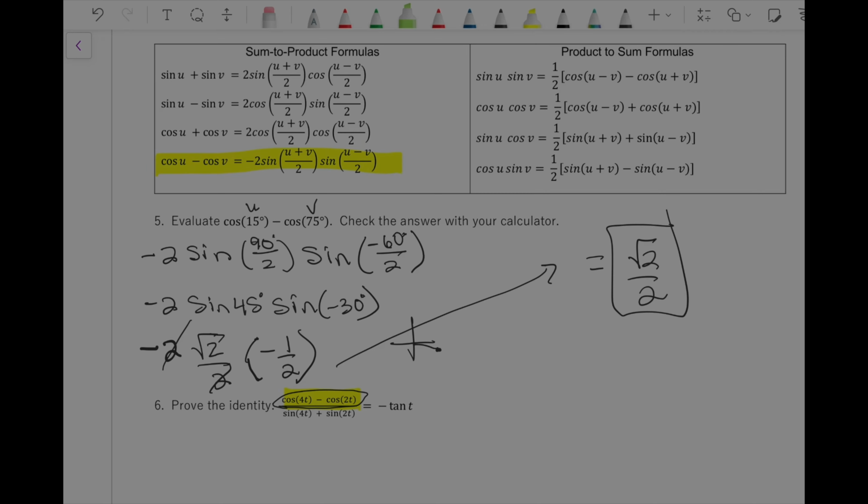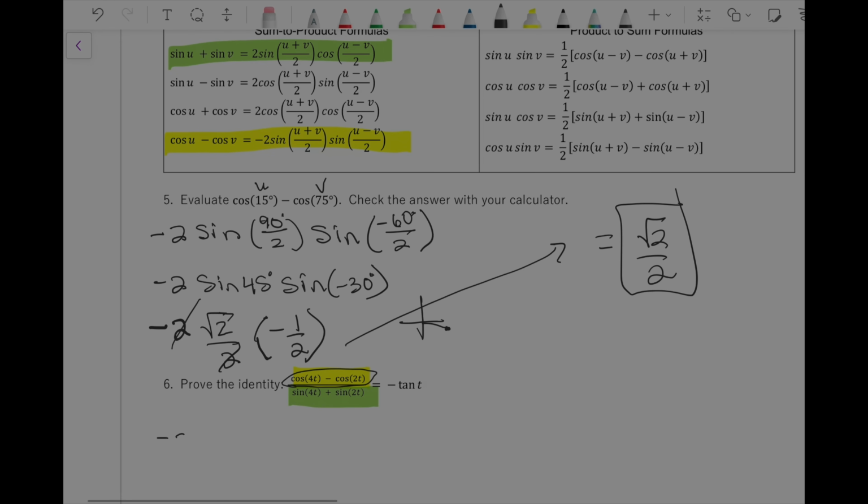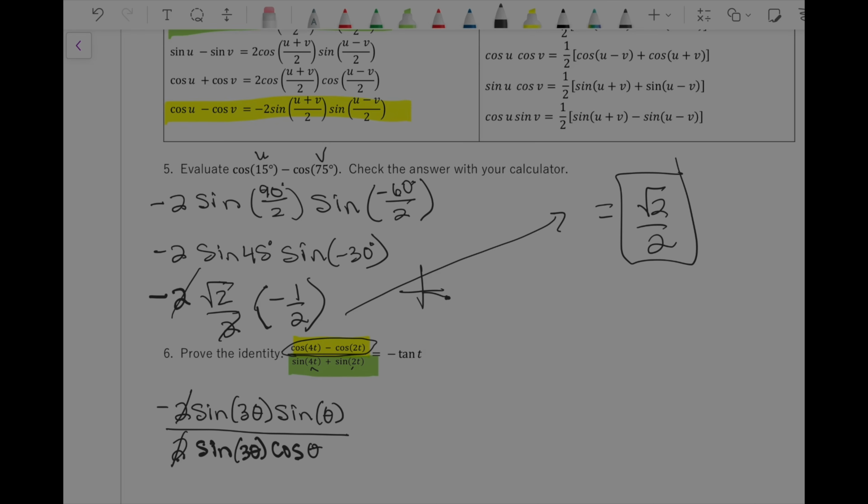And then the bottom, which is sine plus sine, will be that one. Okay? And we are done.